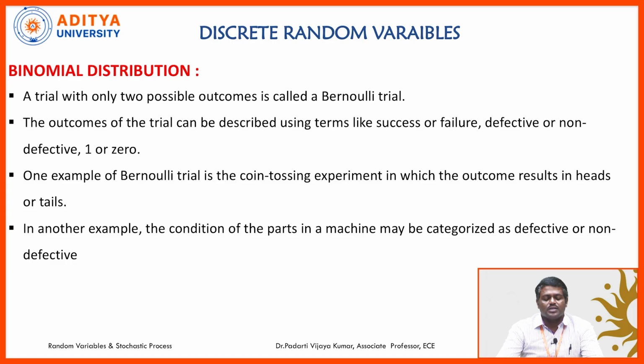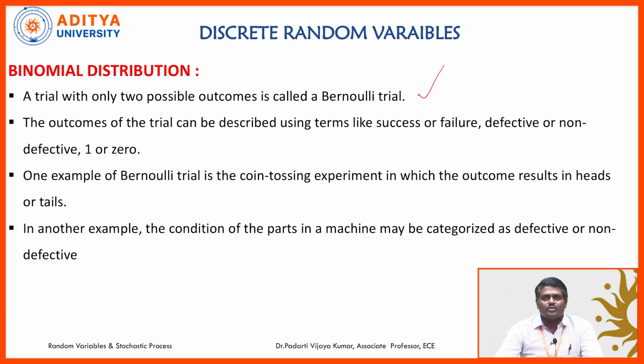So, the first one is the binomial random variable. When do we say a random variable is a binomial random variable? When a trial is performed, it consists of only two possible outcomes, and the trial is repeated many number of times.